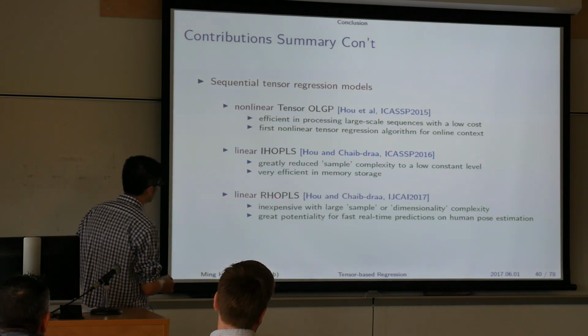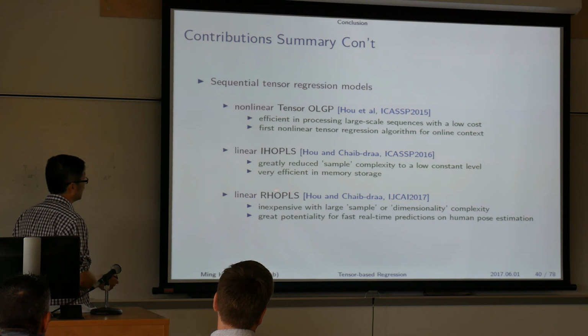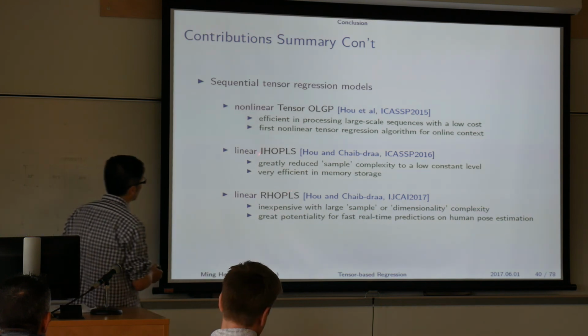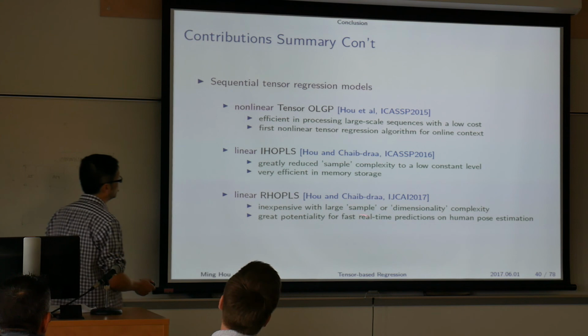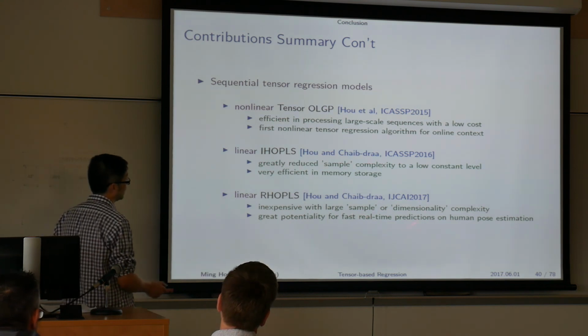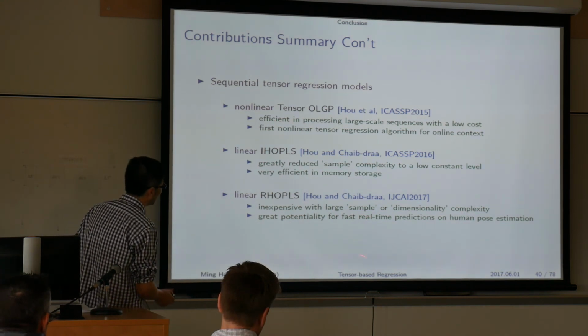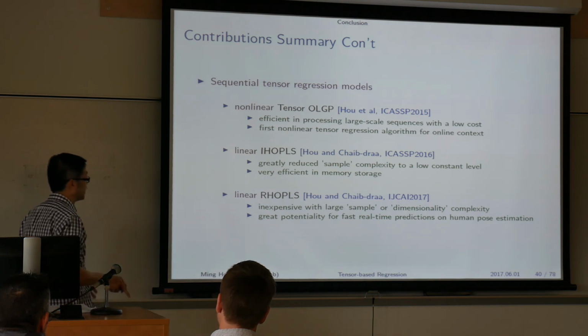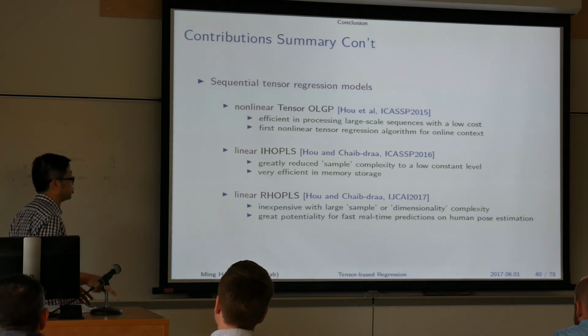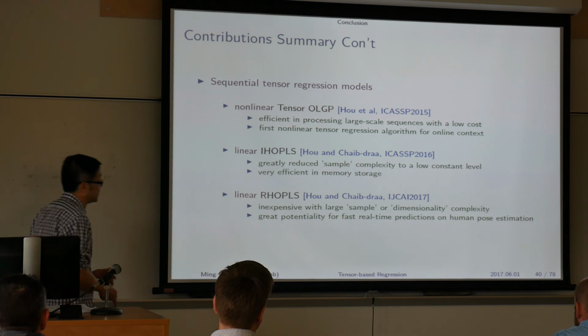And the linear RHOPRS improves on the IHOPRS in that it can deal with both large sample complexity and dimensionality complexity. It also shows greater potential for very fast real-time predictions in human pose estimation.